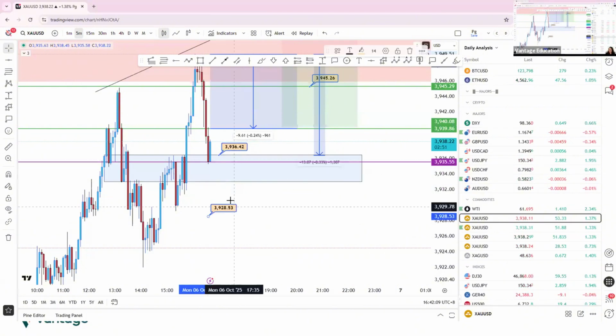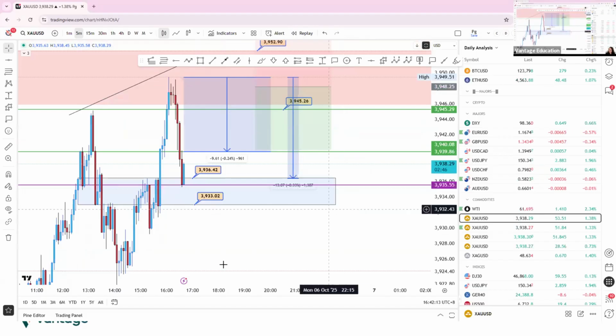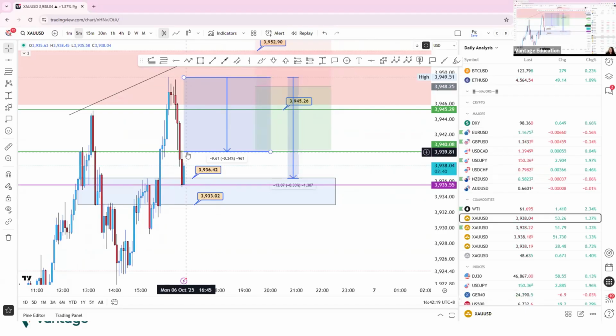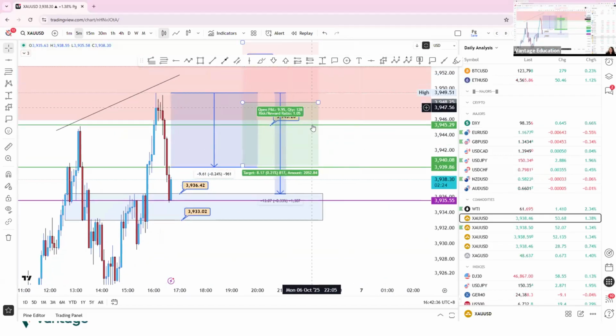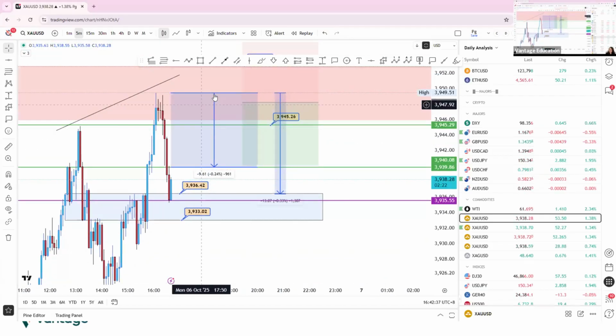Just to make sure that we're going to hit our take profit. If you buy at that 35.55 exact, TP1 aim for 50 pip, that will be here first. Okay, 40 pip, which is that break. TP1 at 39 and TP2 45.